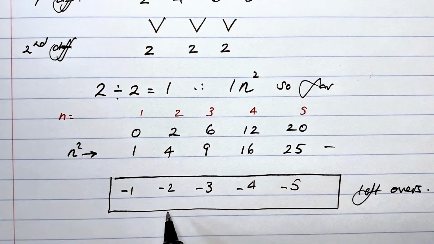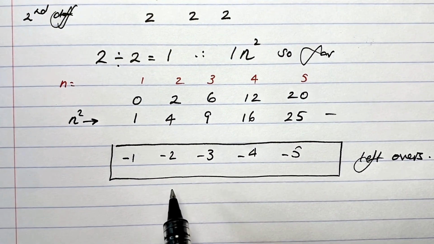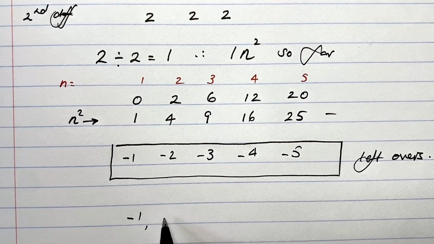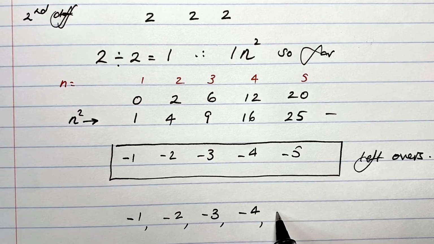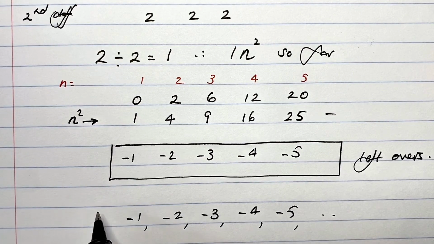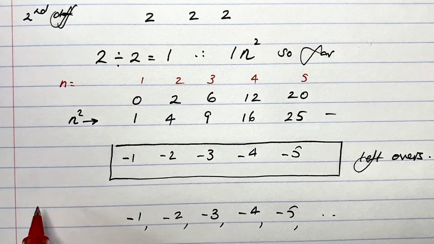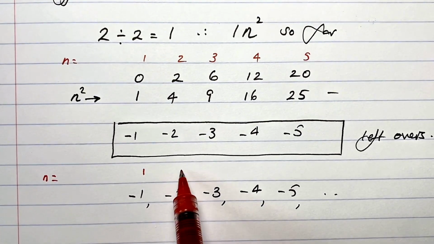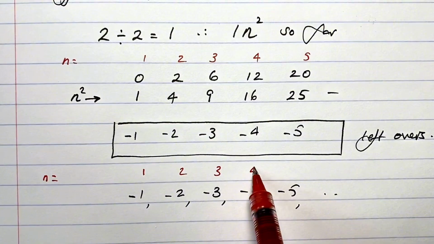Now, let's make the nth term out of the leftovers. Again, as before, we always give them n values, 1, 2, showing the term number.